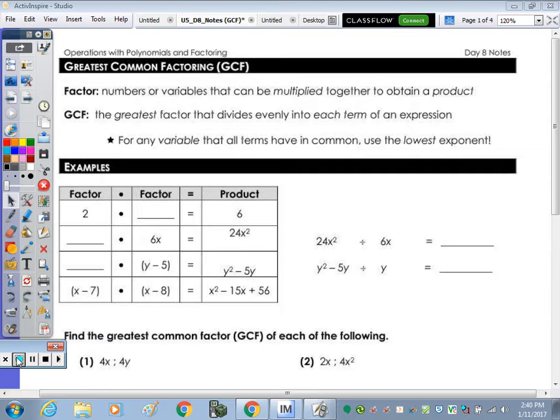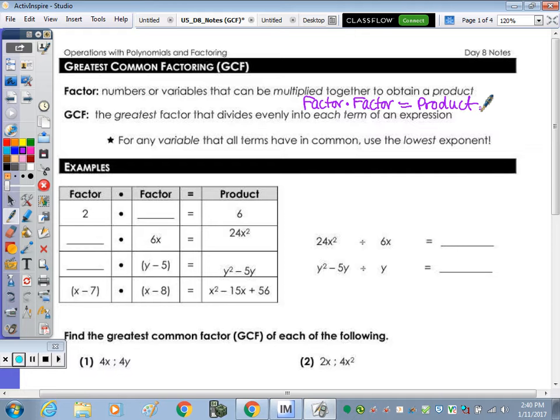At the top of the page, it describes what a factor in GCF is. So factors are numbers or variables, because variables represent numbers, that can be multiplied together to obtain a product. So I want to write factor times factor equals product.